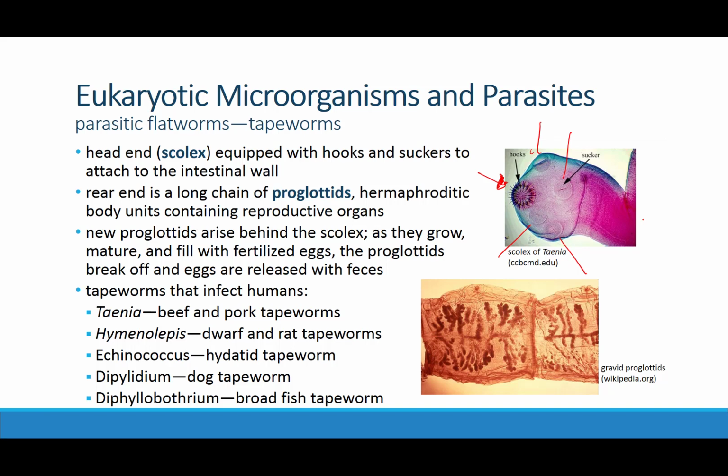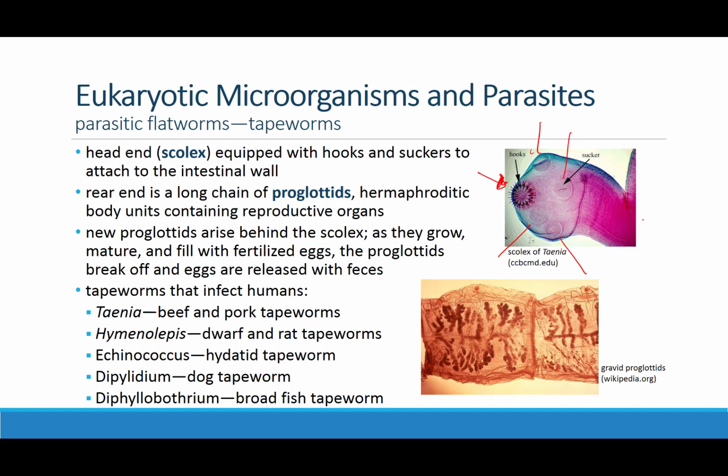As the proglottids mature, they're hermaphroditic. Each proglottid contains both an ovary that produces eggs and testes that produce sperm. As the proglottids grow, the sperm fertilize the eggs, and the proglottids fill with fertilized eggs. So that ovary and the oviducts become just packed with these fertilized eggs.